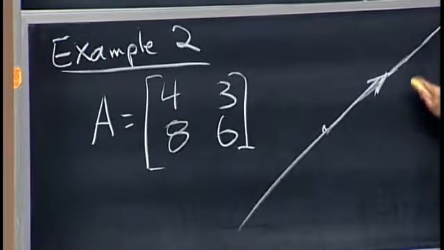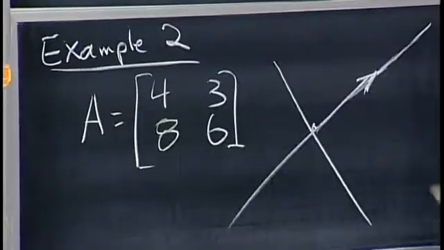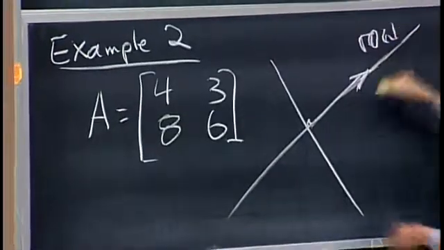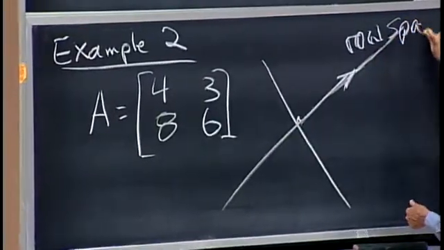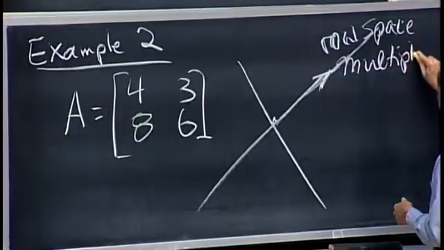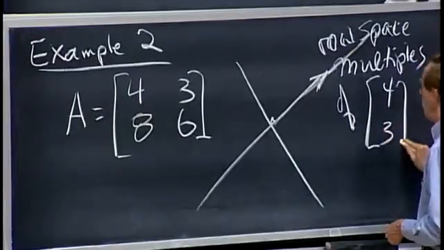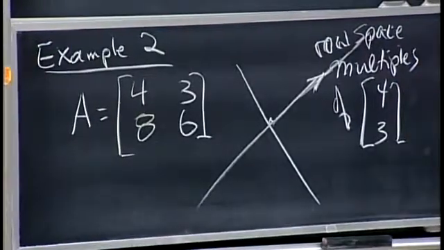That's the row space. And the null space, of course, is the perpendicular line. So the row space for this matrix is multiples of 4, 3. Typical row.